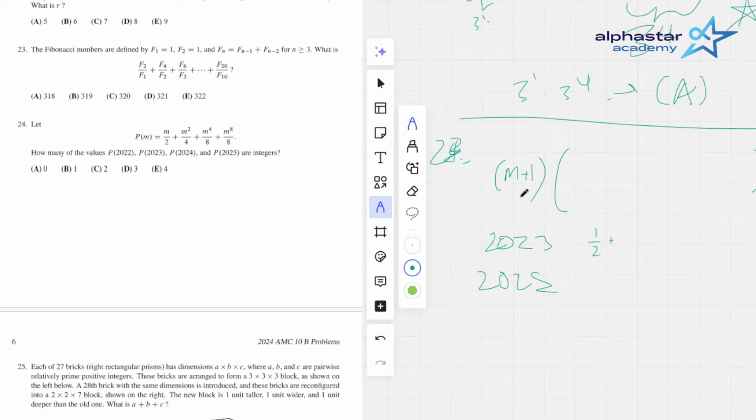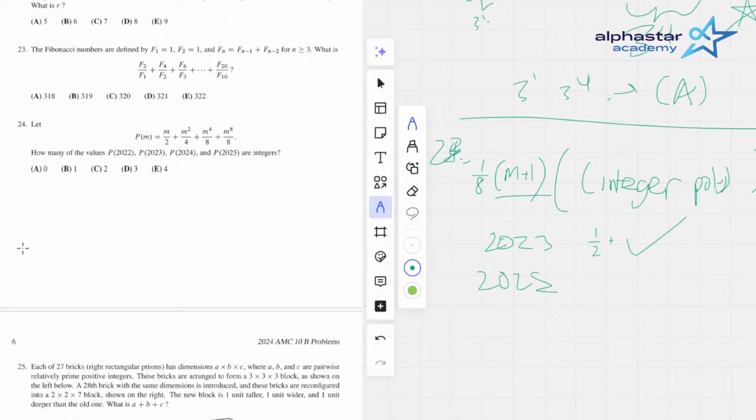Yeah, so notice how if m plus 1 is a divisor, then this looks like 1/8 multiplied by some integer polynomial, and m plus 1 is a factor of this. So we know that this is some integer polynomial. So 2023 is definitely divisible, because 2023 plus 1 over 8 is an integer.